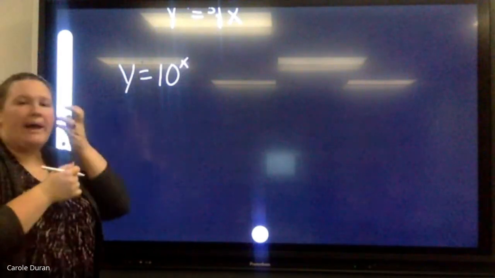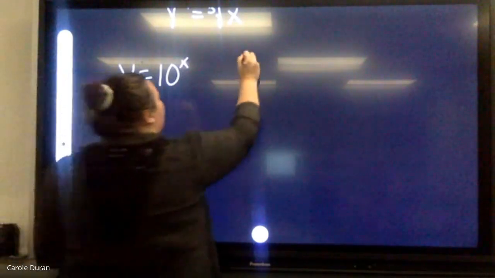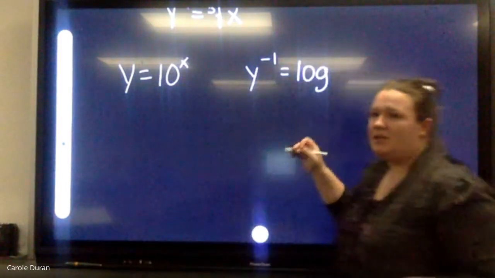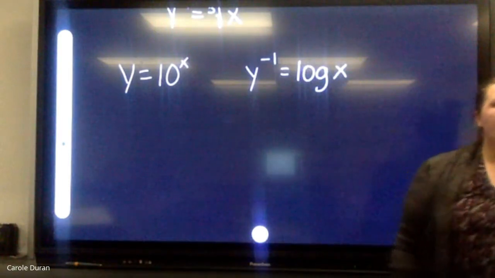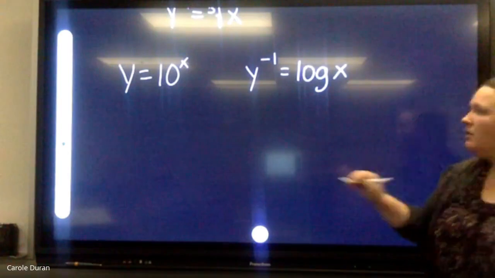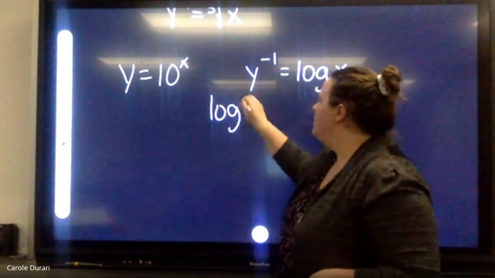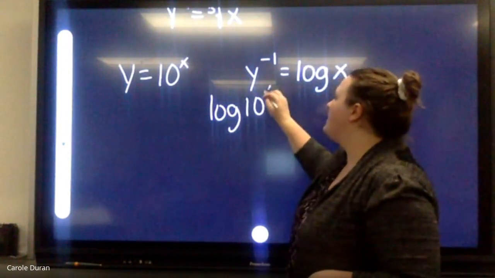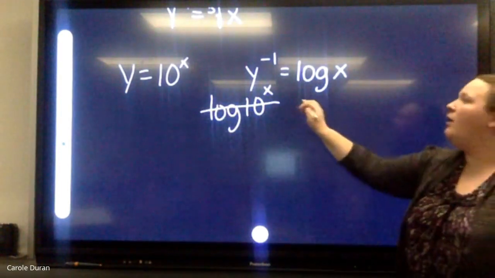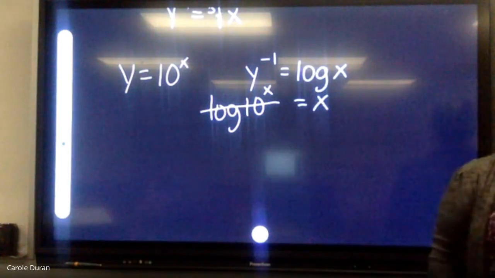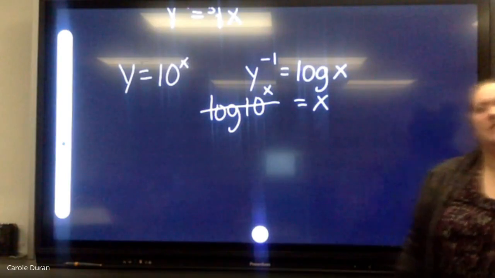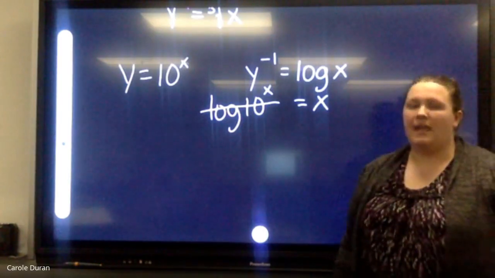Okay, so if I have y equals 10 to the x, its inverse is log of x. So if I have log to the 10, those two are going to cancel each other out. For example, if I have log base 10 of 10 to the x power, the log and the 10 are inverses, so they cancel each other out, which means the answer is just whatever that exponent was, x. So 10 and log are inverses of each other, because they cancel each other out.